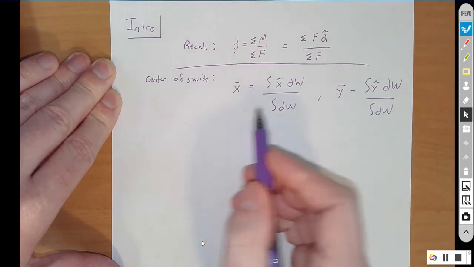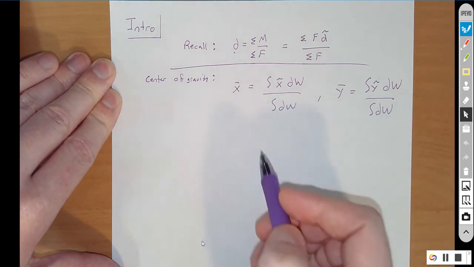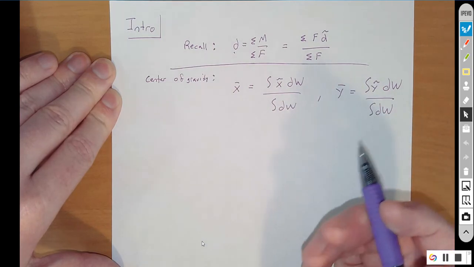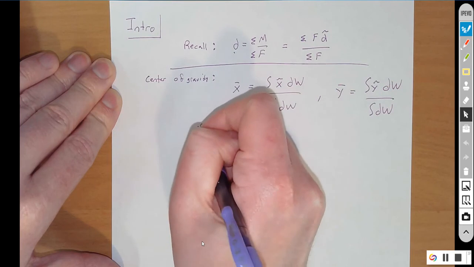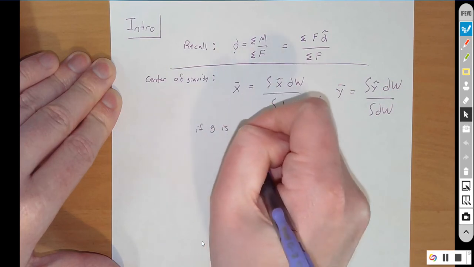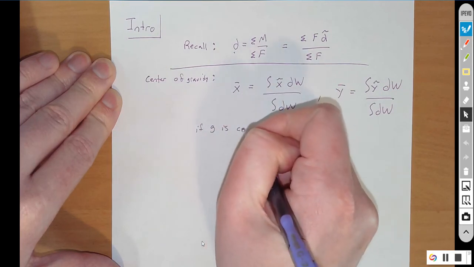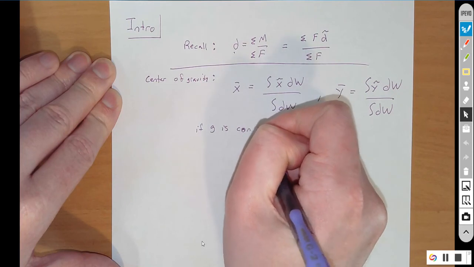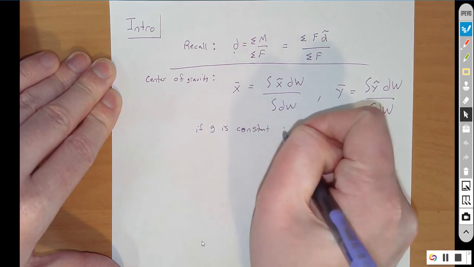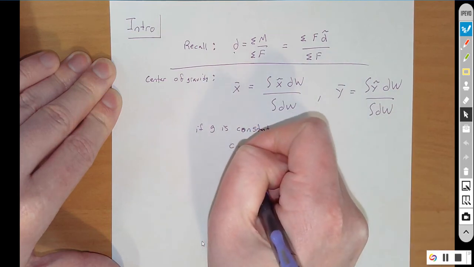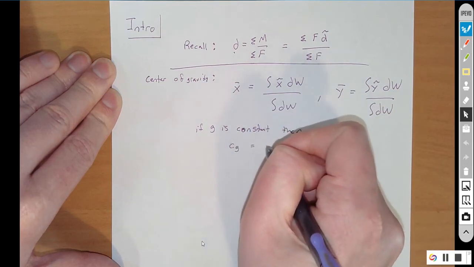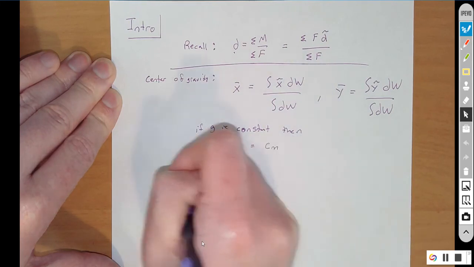Now if we don't want to go through and find the entire weight, maybe we have a problem where gravity is constant, which is going to be most cases. So if g is constant, so we're near Earth or something, so we can assume the gravitational field isn't changing, then our center of gravity, our CG, will be equal to our center of mass.